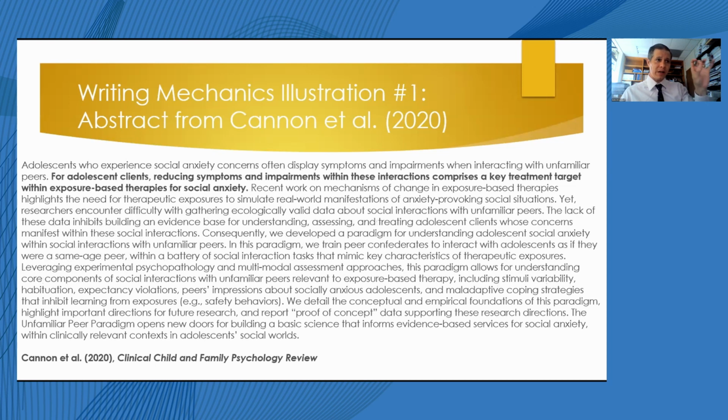We're going to zoom in a little bit, and you know that within the context of this paper, we're focusing very specifically on how these symptoms and impairments manifest, or the relevance of these interactions for how we actually treat social anxiety, in some circumstances with exposure-based therapies.